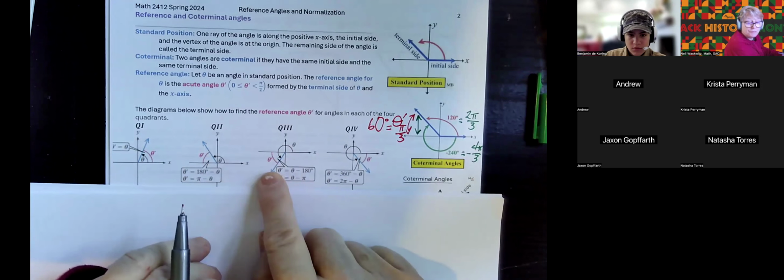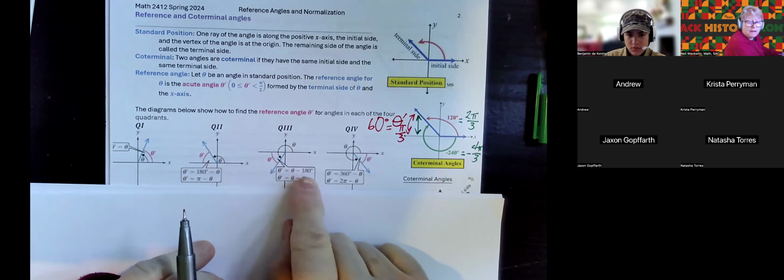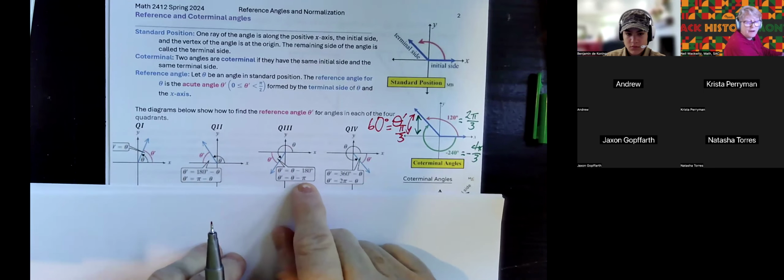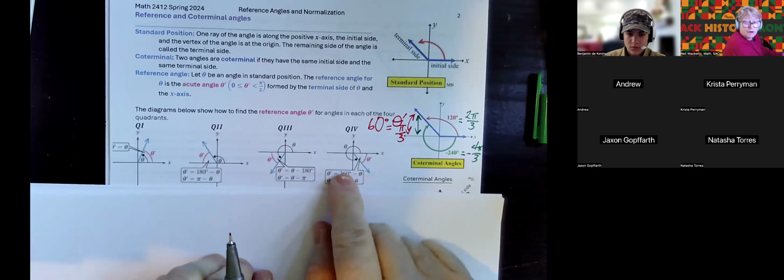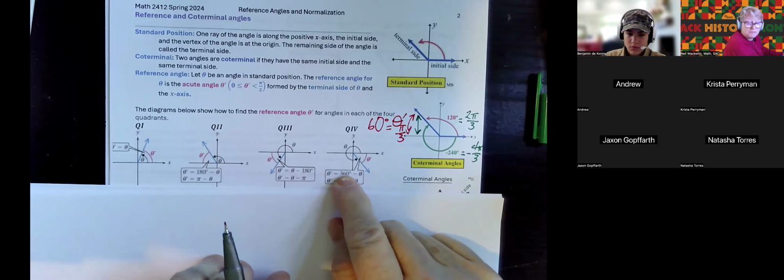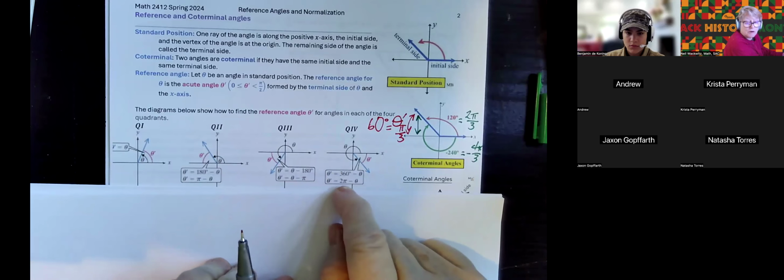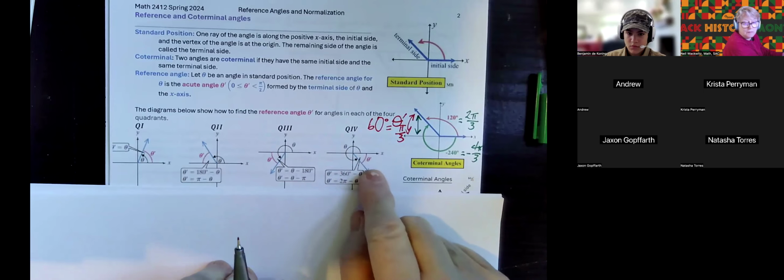If we're in quadrant 3, we're going to take the angle and subtract 180 degrees or subtract pi radians. If we're in quadrant 4, we'll subtract theta from 360 degrees or theta from 2 pi.